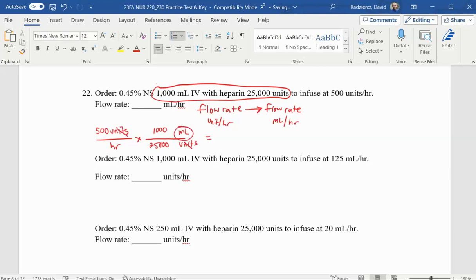You can see before I do any kind of calculation, I'm pretty much done. I just have to plug it into my calculator. 500 times 1,000 gives me 500,000, divided by 25,000, and that's going to come out to 20 milliliters per hour.